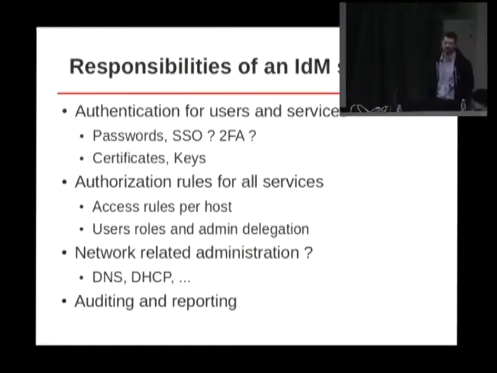Auditing and reporting are whole arguments on their own, but they are fundamental because if you have a large network, you need to know what is going on in the network, and you cannot base your understanding on what is going on if you don't have tools that allow you to gather logs and audit reports from many machines and somehow distill and filter out what is interesting about them and what is not. Because in very large networks, you have much more information coming in than you can possibly process by hand. And so you really need to be able to deal with auditing and reporting in a centralized way so that you can understand what's going on.